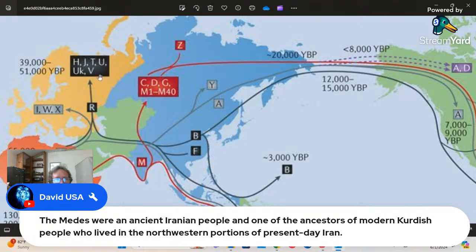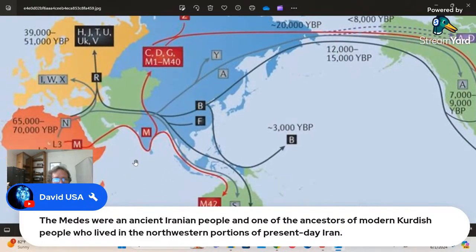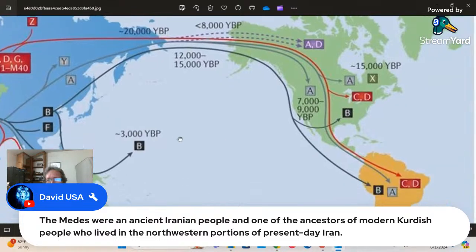This H, in fact, this is the majority of Europe, especially Western Europe, Southern Europe: H and U and V and T and J, 95%. Well, including the X and the W, I guess, which is Semitic.